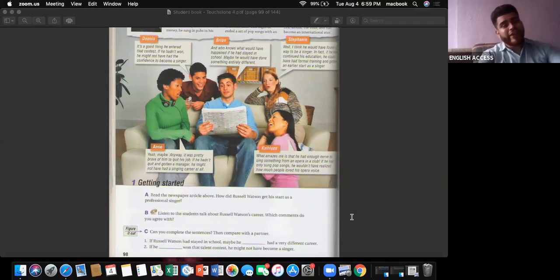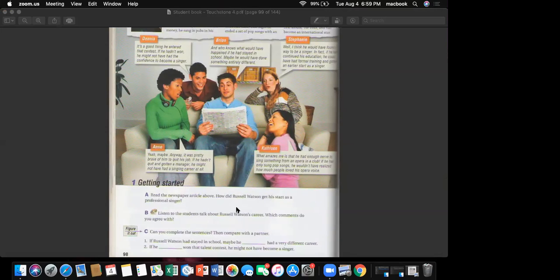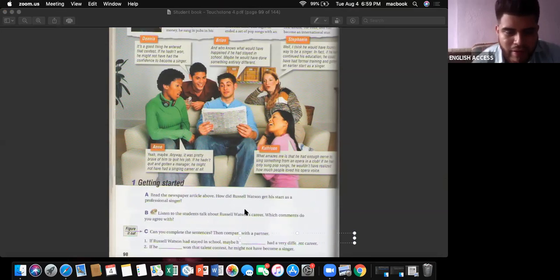Look at the article. Look at Brian. What modal verb is good there? Would have. Would have done. Remember, we say would have, and when we speak it, we say would have. If Russell Watson had stayed in school, maybe he would have had a very different career.